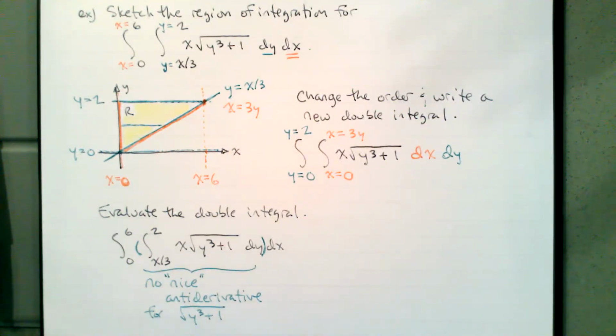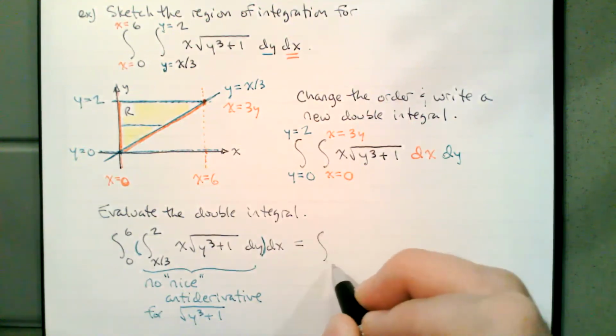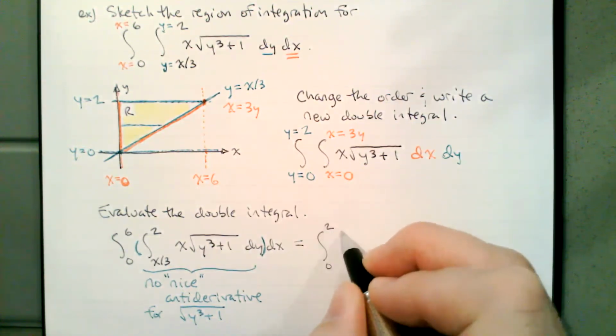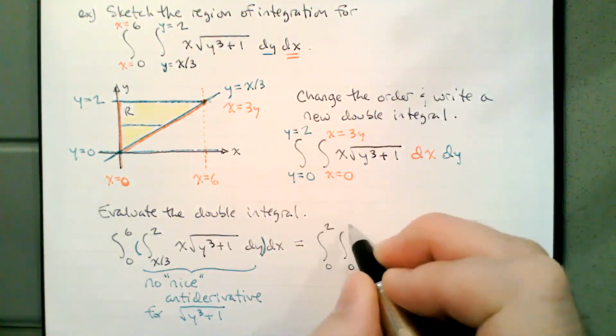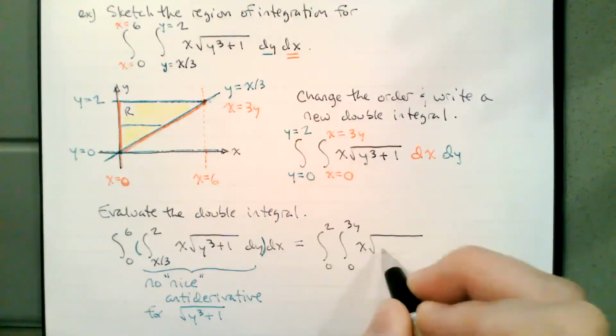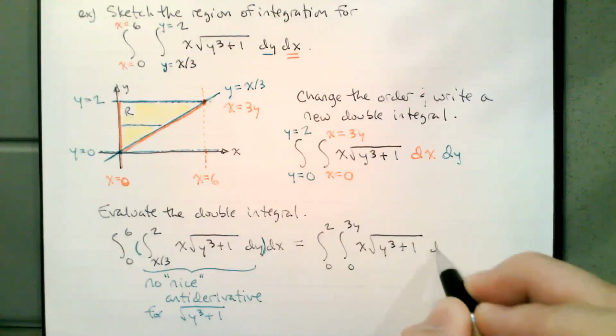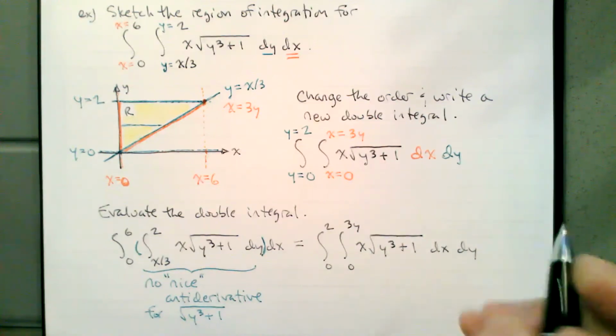Fortunately, we had just spent the previous part of this problem rewriting the integral in the other order. So fortunately for our heroes, we had just spent some time rewriting this as the integral from 0 to 2 and from 0 to 3y, x times the square root of y cubed plus 1 dx dy.